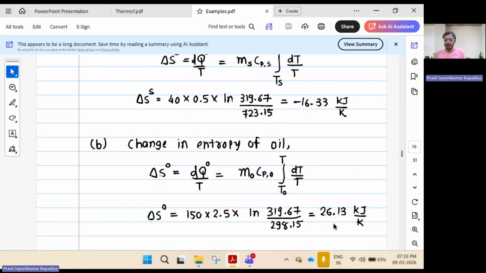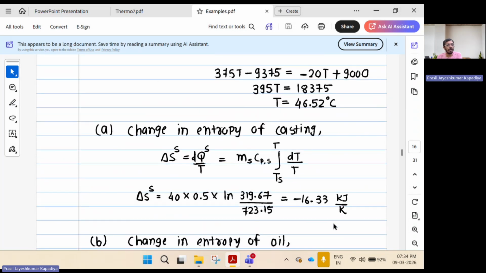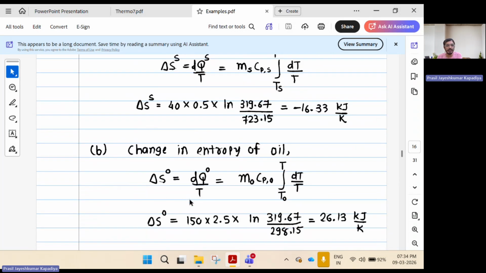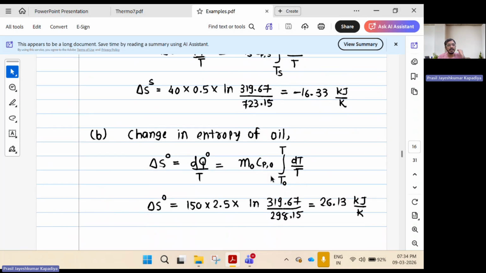Now we have learned that total entropy of the universe always increases. So here what is happening, the entropy of the steel casting is reducing, but it is increasing for oil. But when I am finding the total entropy change of the system, it is going to be delta Ss, entropy change of steel casting, plus entropy change of oil.